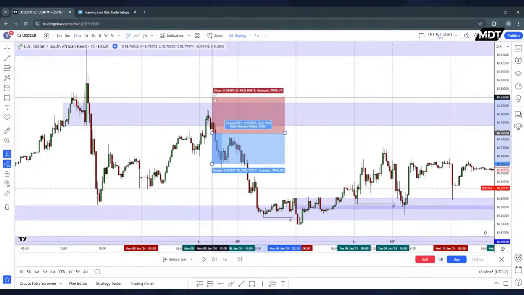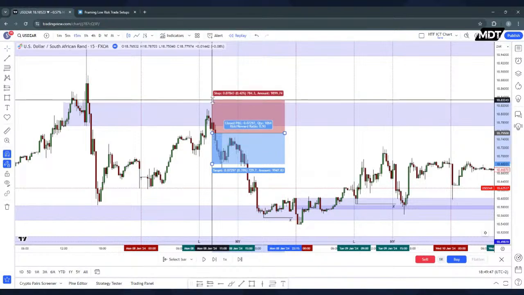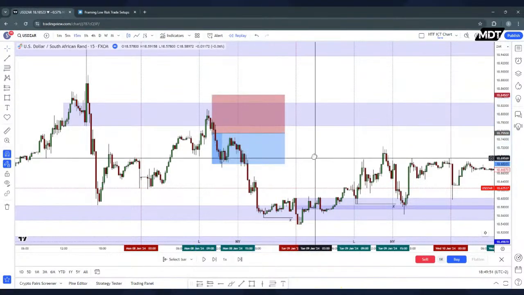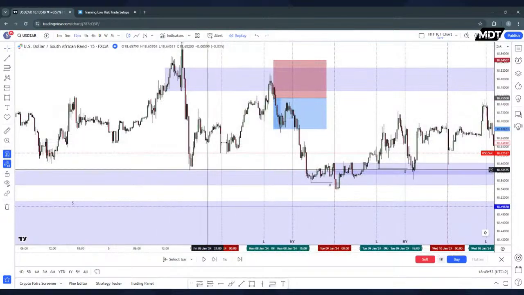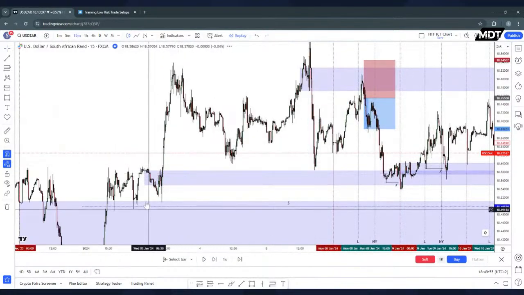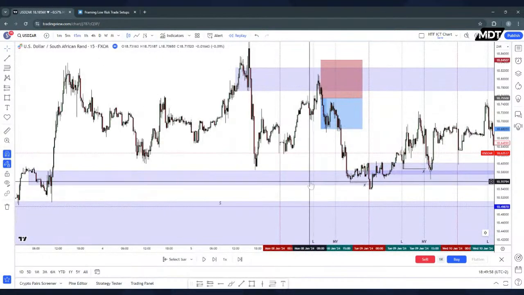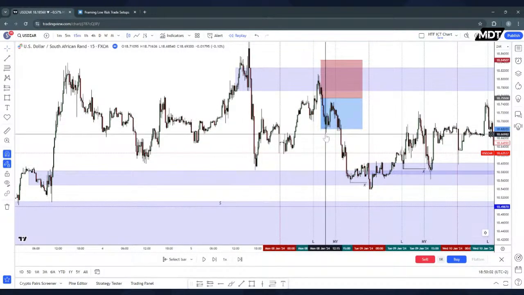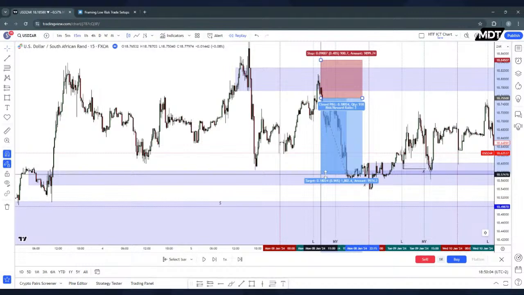But had we got it, 770, even a 900 pip stop would have been sufficient. Targeting these lows here, they were further down, but we had another order block here, so that was nice inducement there for that order block. I think we would have achieved.